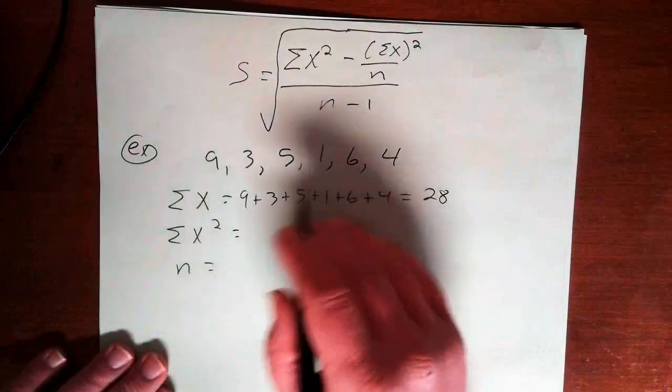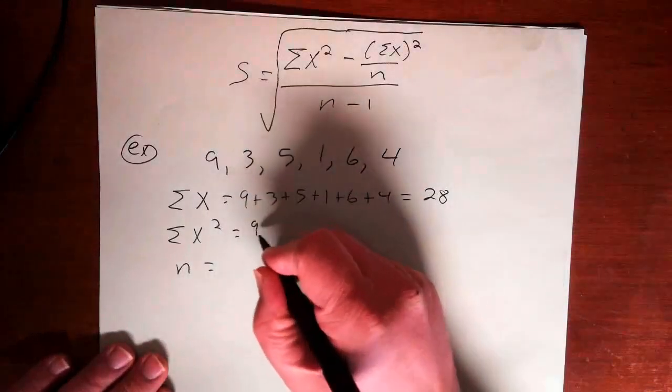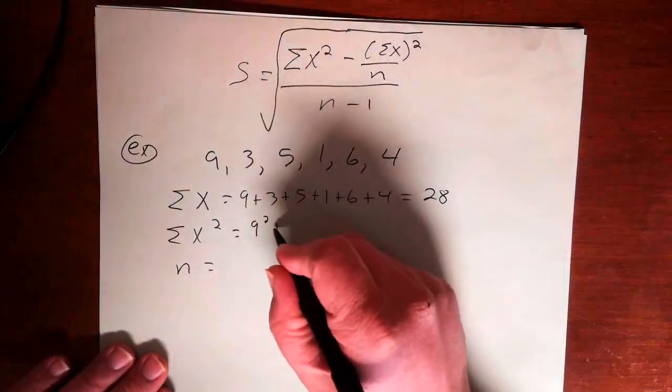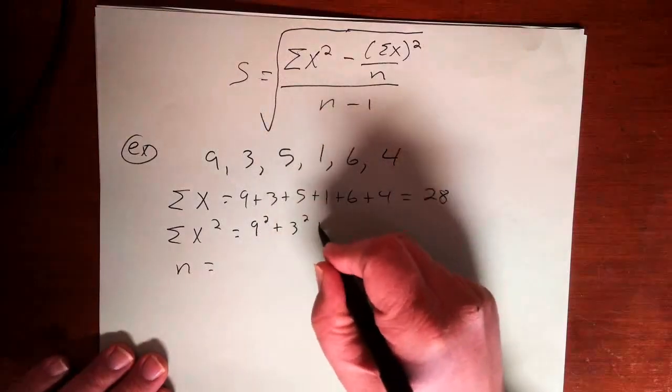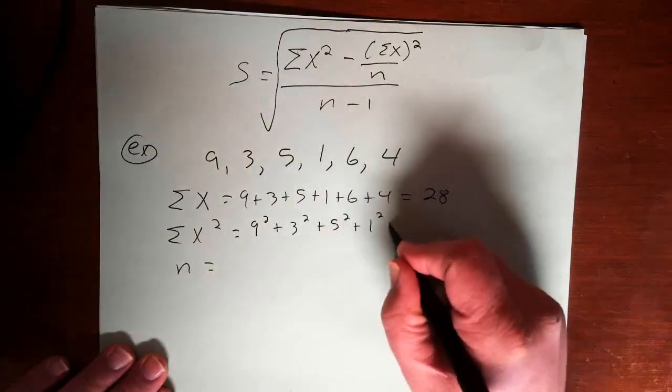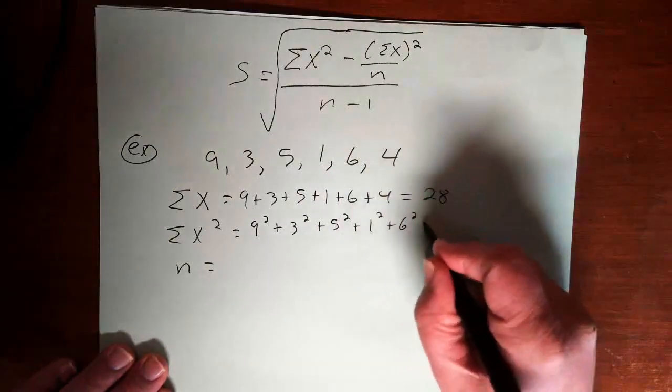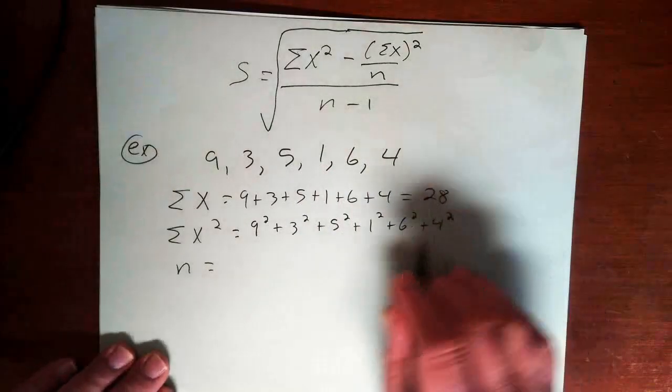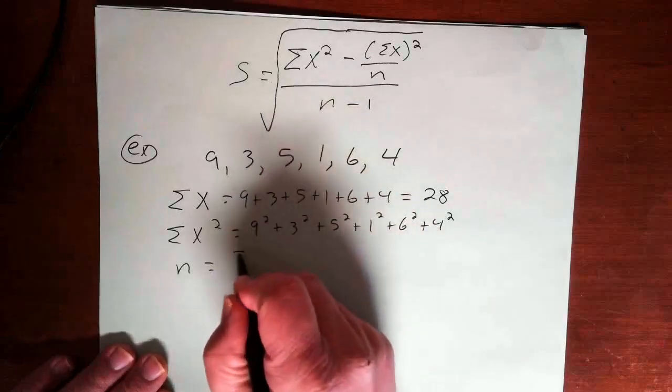Now the sum of x squared: you're going to be squaring each value individually, and then you're going to add up the squares.